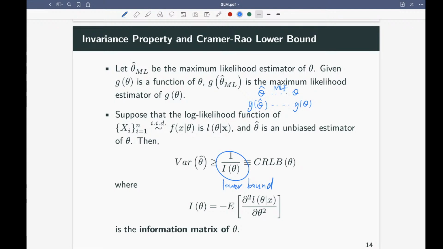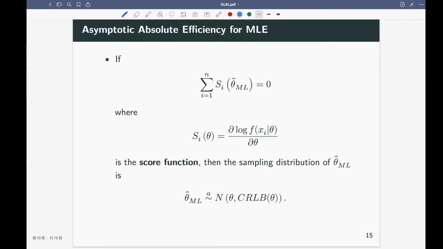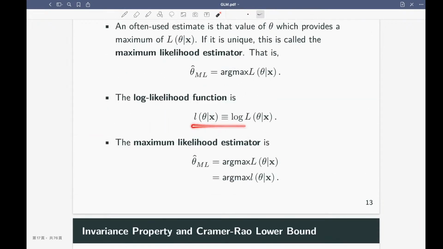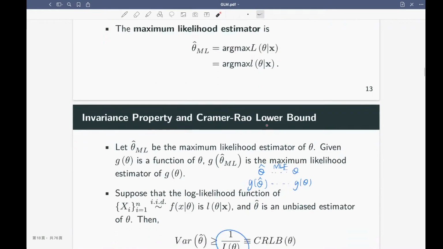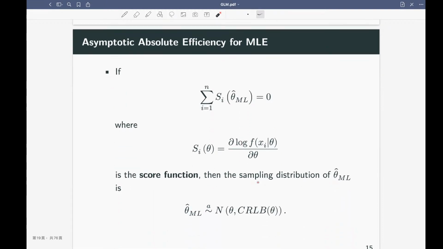Okay, so you should know this term is very important. So for MLE, this term is from the FOC of the log likelihood function, like this. If the FOC of the log likelihood function is valid, we know the sampling distribution of the MLE estimator.